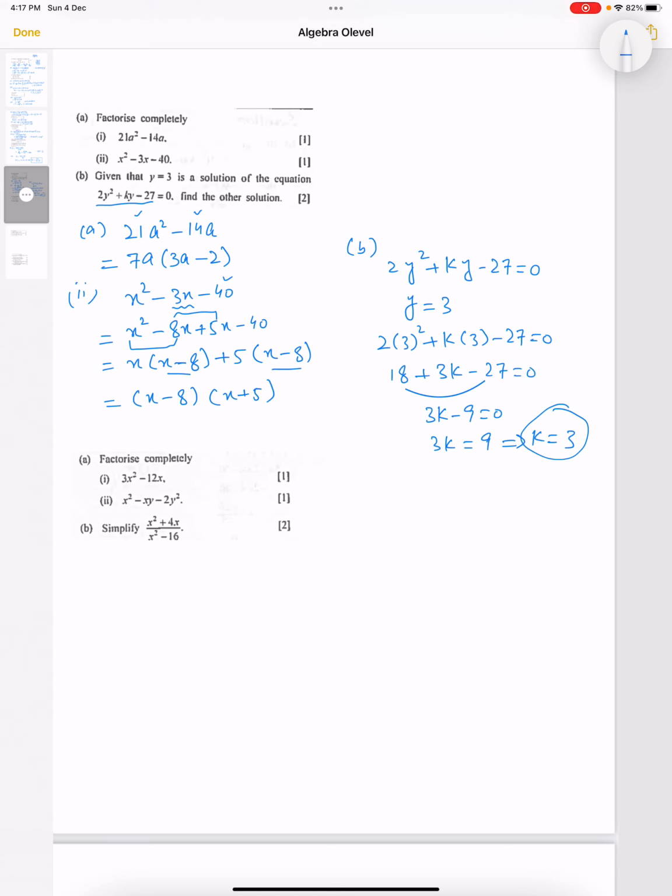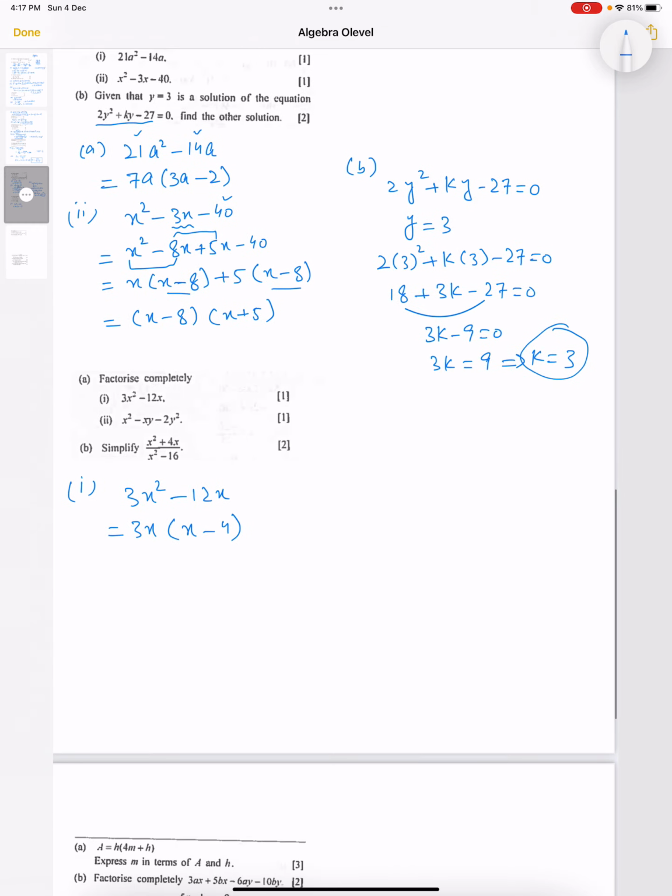Now next question, factorize completely 3x square minus 12x. Again we can see that 3x is common. So we have 3x into (x minus 4) as the answer. Second part, x square minus xy minus 2y square. It's a quadratic kind of expression. So we will use the technique of midterm breaking again.